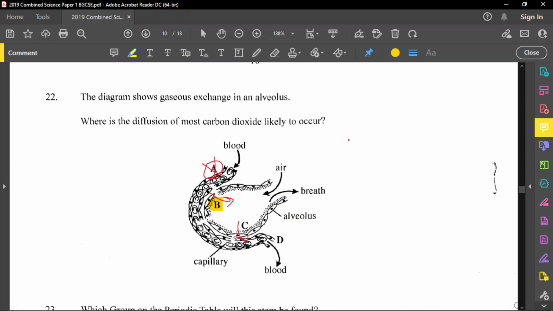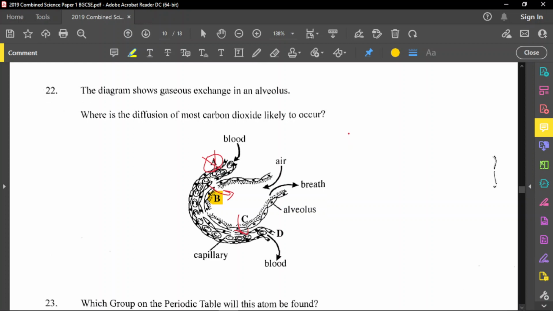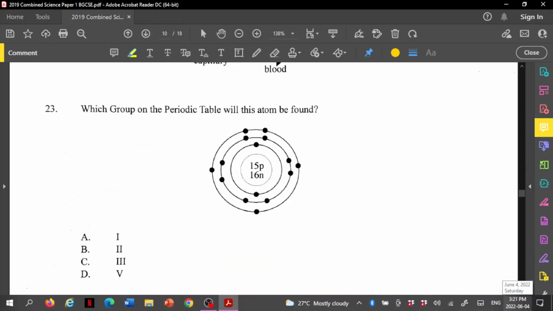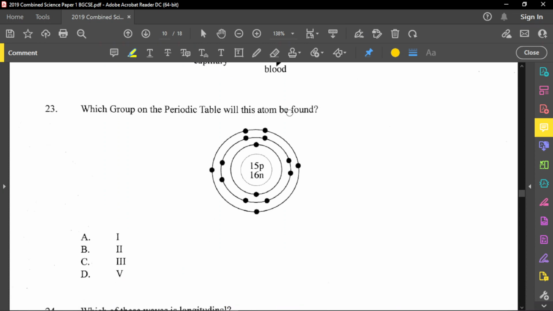All right, let's go to the next question. Question number 23 is, in which group of the periodic table will this atom be found? We talked about earlier how we can identify the group an element is placed in, and it's based on the number of valence electrons. So we count the number of valence electrons here, and then determine which group it is in.